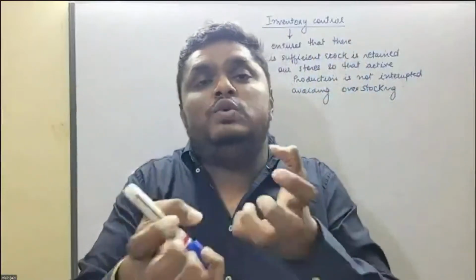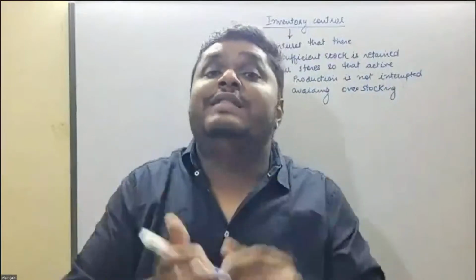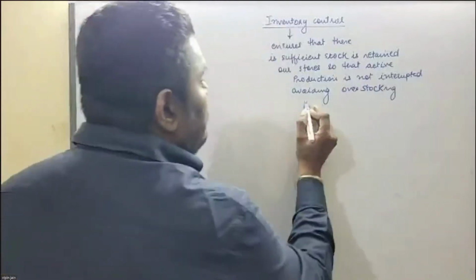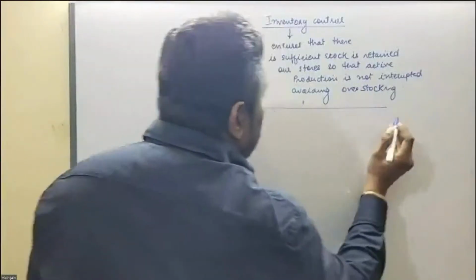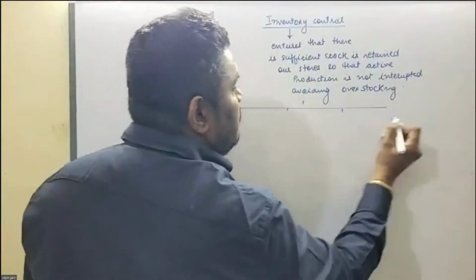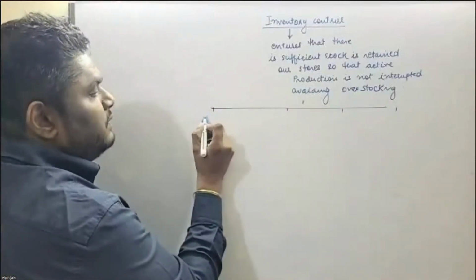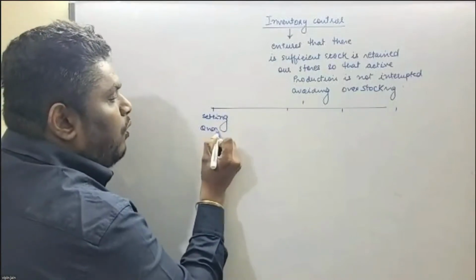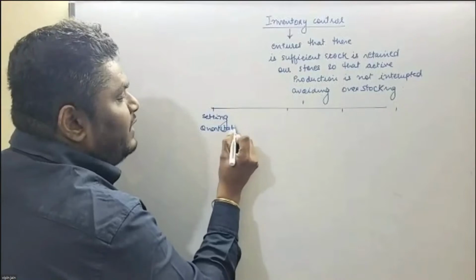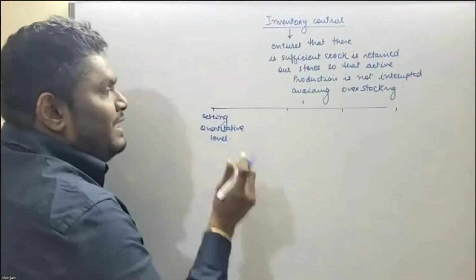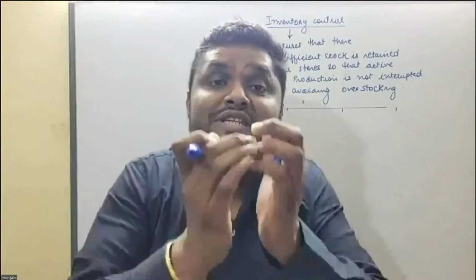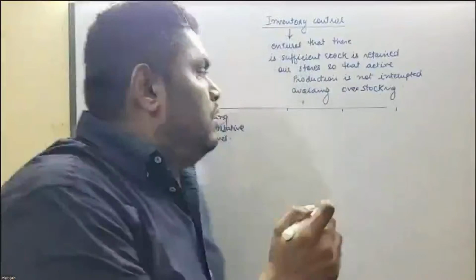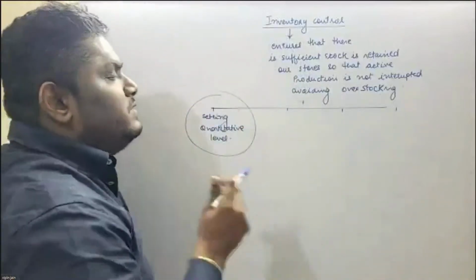Now how to achieve these two things, there are various techniques in inventory control we'll be discussing. When talking about the techniques of inventory control, it covers setting up quantitative levels. Set some levels, that this could be the maximum stock, this could be the minimum stock. How to set these quantitative levels we'll be discussing.